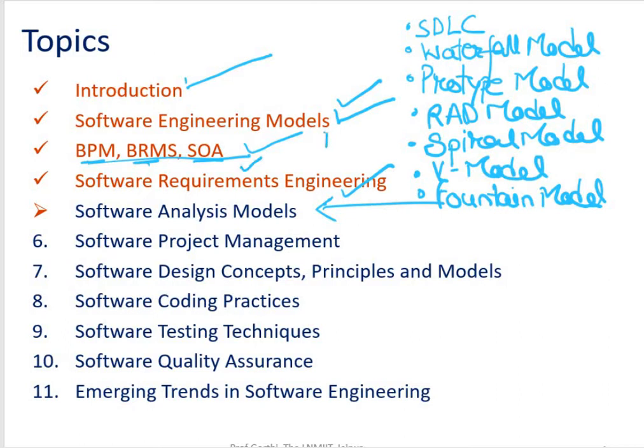We talked about functional requirements, we talked about non-functional requirements, and today we are going to talk about software analysis models. We'll see some variants in this particular video or maybe in successive video if we need.